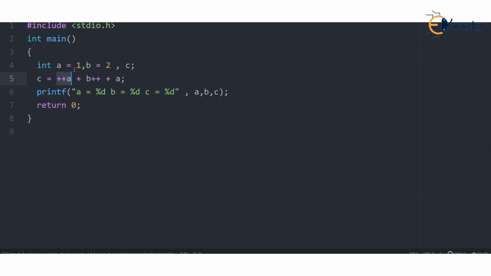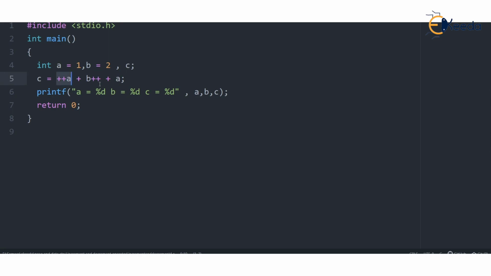What is the value of A you will take here? Most of the students commit a mistake here. They feel that, okay, this A was written earlier only, so they will take A as 1, the older value. But because you are saying A has become 2, come on, A is a variable. As A has become 2, this A also should be 2, isn't it?